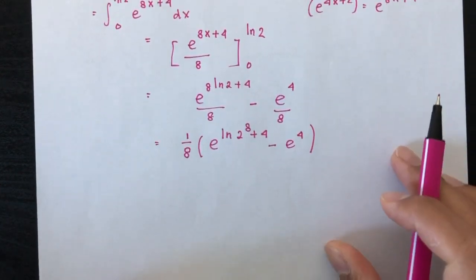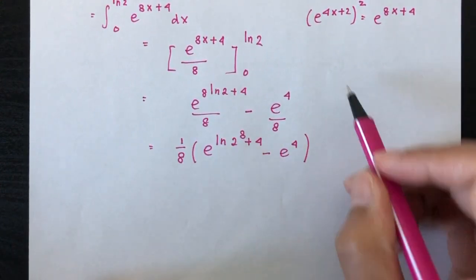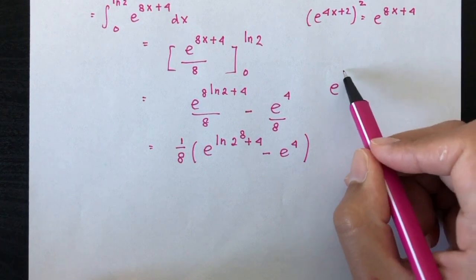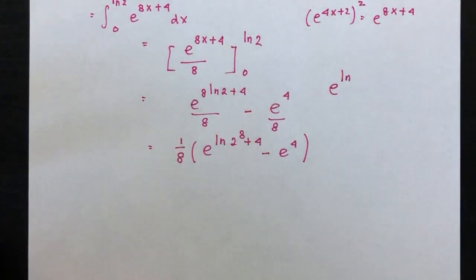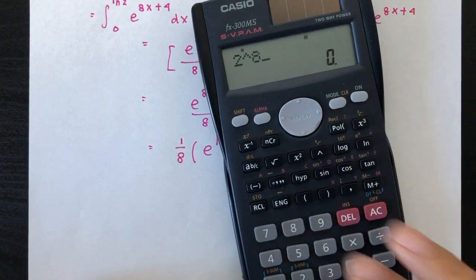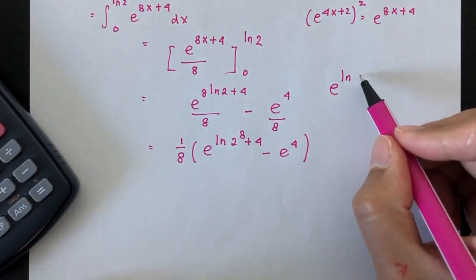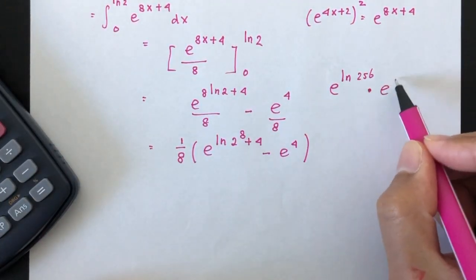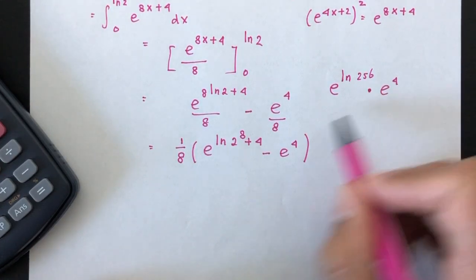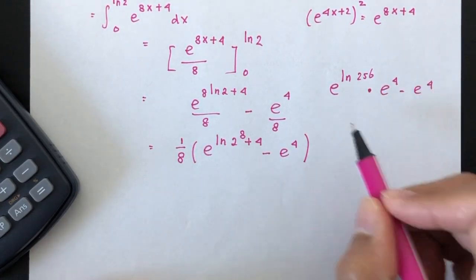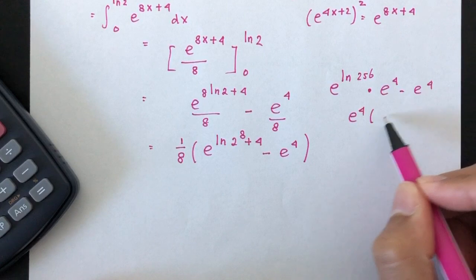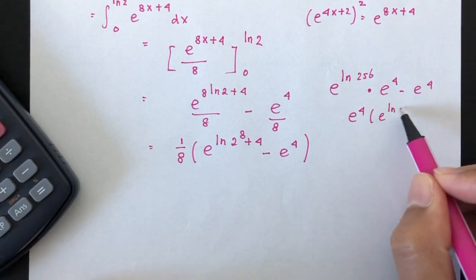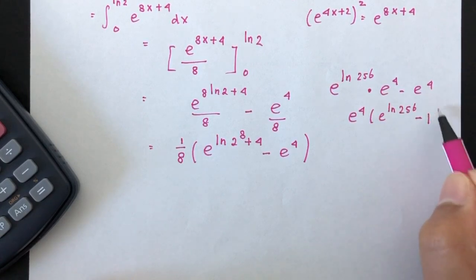Now if you know this, this is the rule of indices when you have something power. So ln 2 power 8 is what? So 2 power 8 is 256. That will be 256. So when you have plus, it is actually multiply e power 4. Now we have minus e power 4, we can take out e power 4. You will have e ln 256 minus 1.